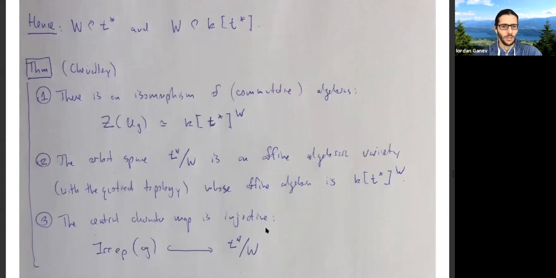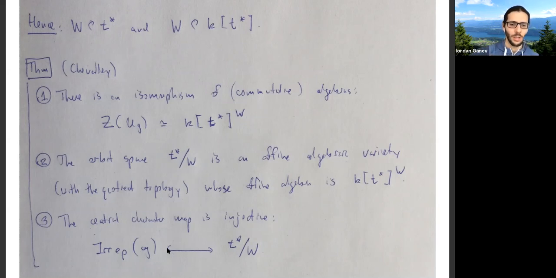And the third part is that this central character map is injective. So any irreducible representation of the Lie algebra is determined by the action of the center of the universal enveloping algebra. We take a representation of the Lie algebra, think of it as a representation of the universal enveloping algebra, and check how the center acts.